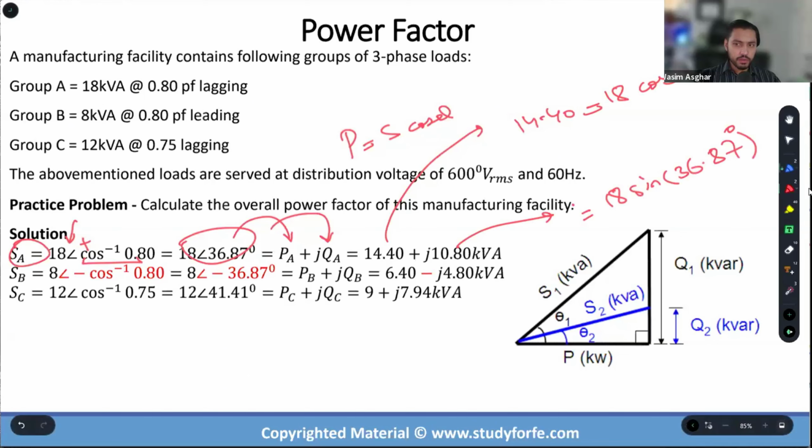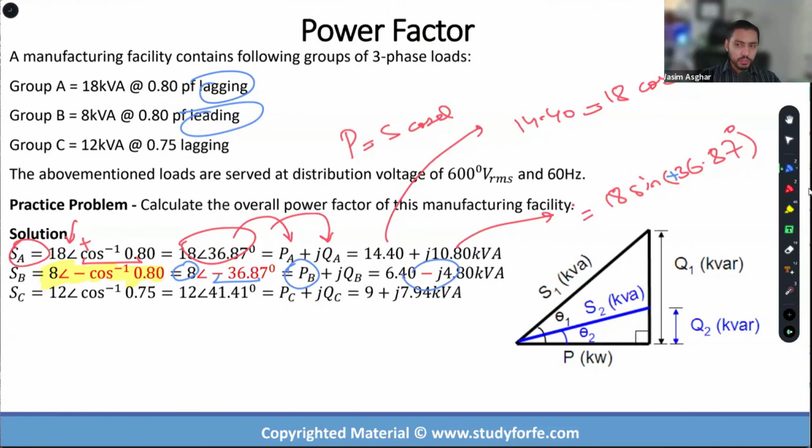But please pay attention to the fact that this is a negative angle because we had a leading power factor. Now, if you were wishy-washy about this, loosey-goosey, complacent, either you were rushing or you didn't pay attention or you didn't have that understanding of how to handle the leading, check this out. You have 8 angle minus 36.87 because it's leading. The P remains the same, not a big deal.